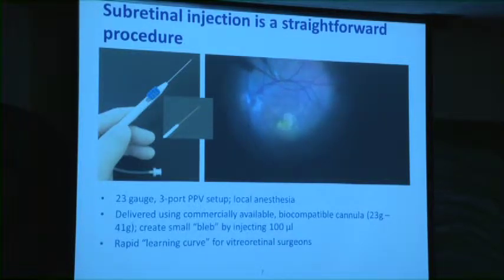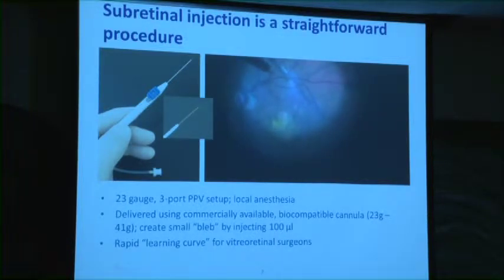Subretinal injection, I think there's a lot of confusion or misunderstanding in the community around how difficult it is or is not to do this, and is this a commercially viable procedure? And in our experience, and I know there are folks in this room who have been involved in clinical trials, so I'll restrict my comments to just the AMD case in the elderly patients, it's a fairly straightforward procedure where a bleb can be introduced reliably.